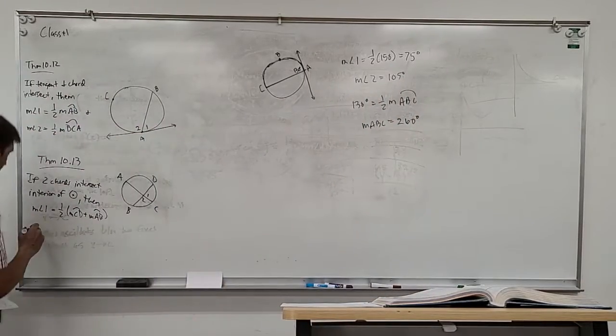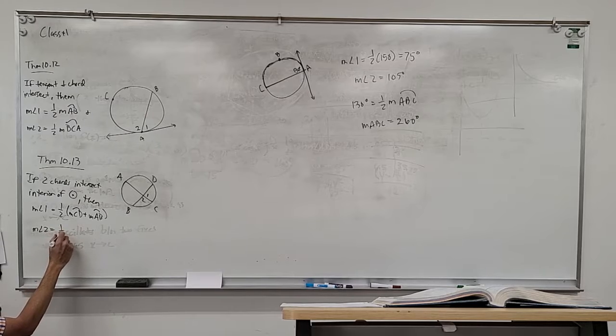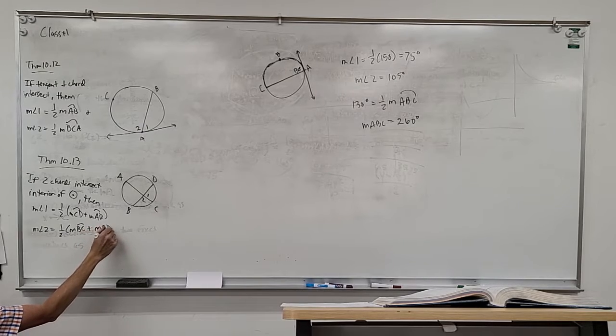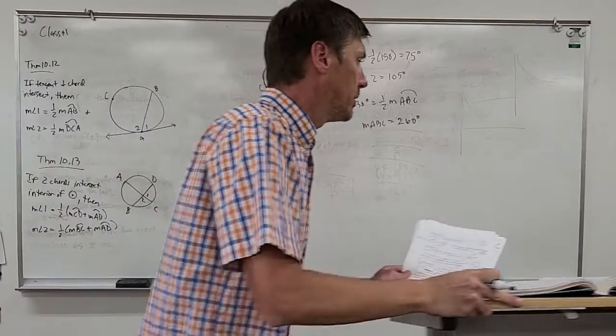And then the measure of angle 2 is equal to 1/2 the measure of arc BC plus the measure of arc AD.